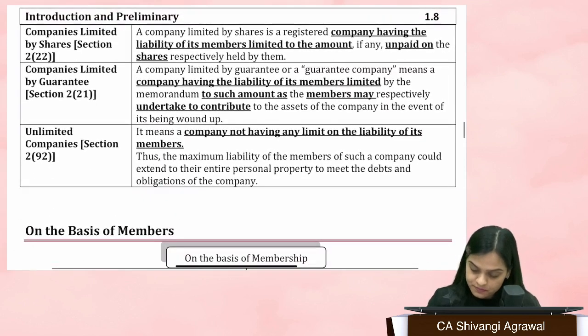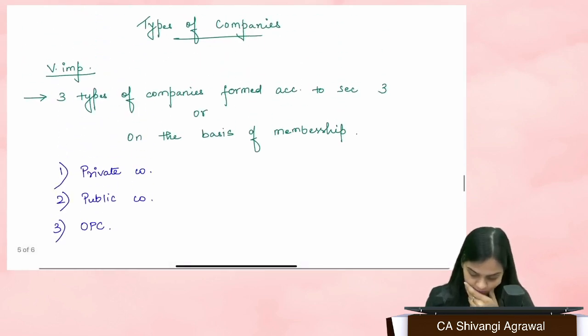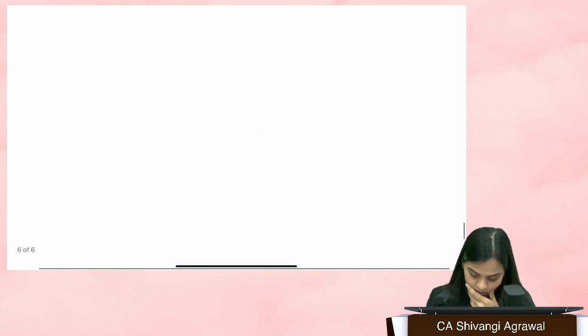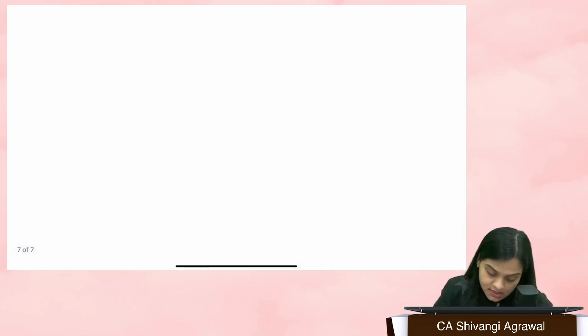Now, you can either leave some space, right? Leave 1 2 pages maybe. Okay. And thereafter, what you can write is company on the basis of liability.